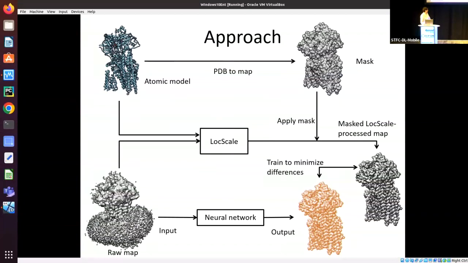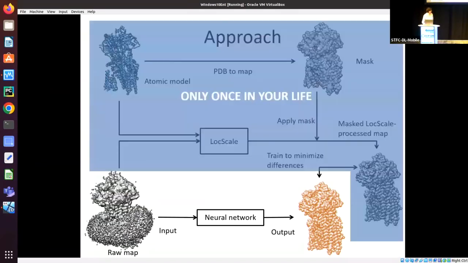So in order to replace that complicated part of the pipeline, we just train a neural network in such a way that it tries to minimize the differences between the output and the ideal post-processed map. And the good thing about this approach is that all these atomic model requirements, post-processing, and masking steps, we have already done for the training, and we do not need to care.